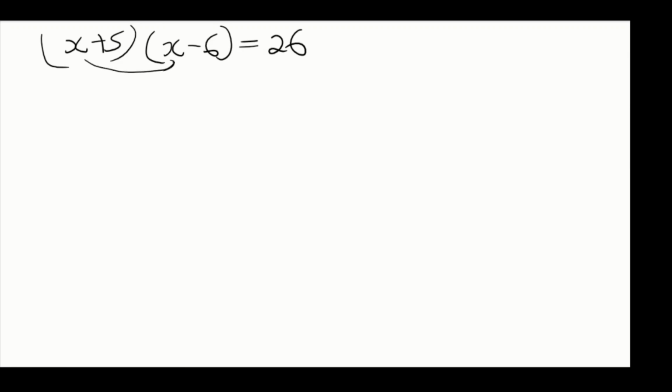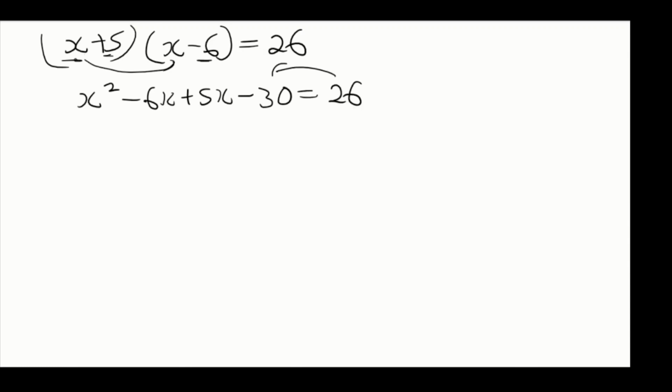So x multiplied by x is x squared. x multiplied by this 6 is minus 6x. And then the 5 multiplied by x is plus 5x. 5 multiplied by minus 6 will give us minus 30, equals 26.